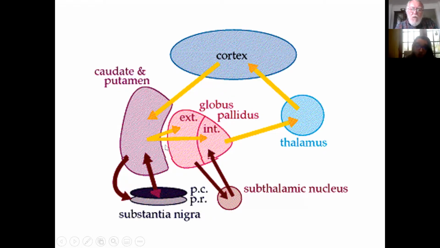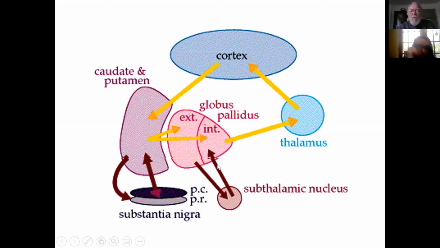So then when you're looking at that, you're looking at dysfunction, the major dysfunctions of Parkinson's disease and Huntington's disease, where Parkinson's disease is going to be this interruption of nigrostriatal dopamine into the caudate and putamen, whereas Huntington's disease is a deficit of GABAergic output coming out of the neostriatum to the pars reticulata of the substantia nigra.